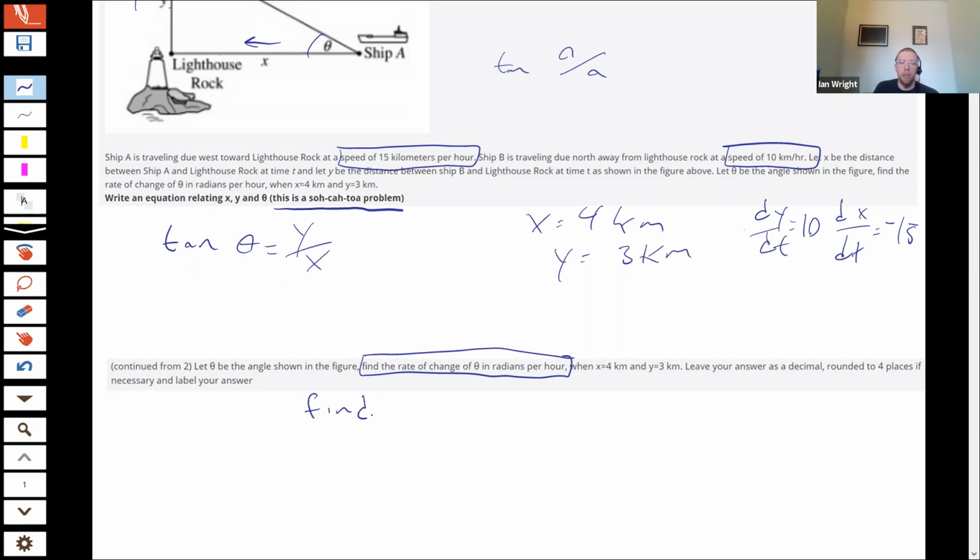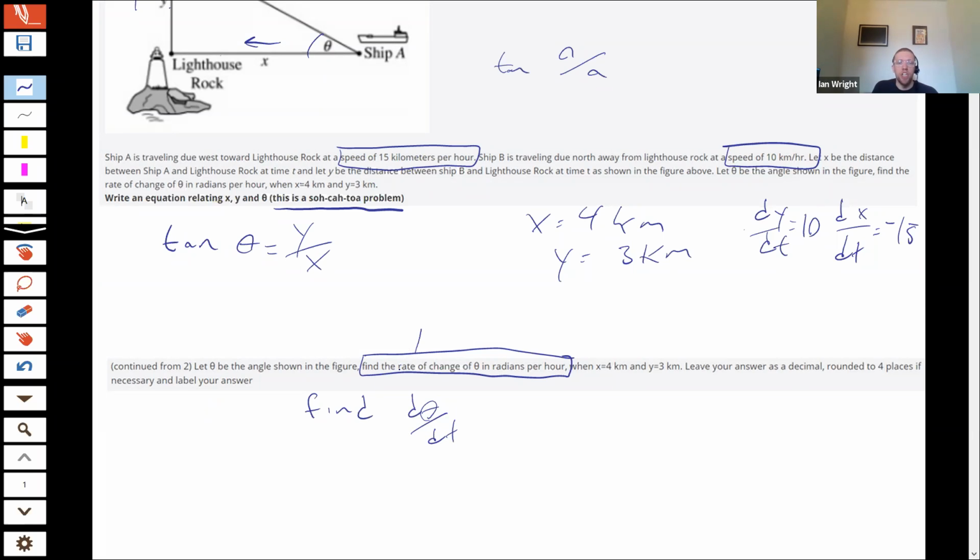We want to find what? I guess I'll give you options. Yeah, the derivative of theta, we call it. So d theta dt. Okay. So this is what we want to find.